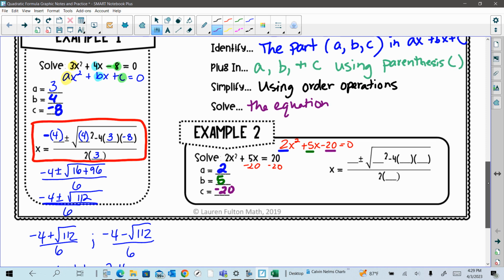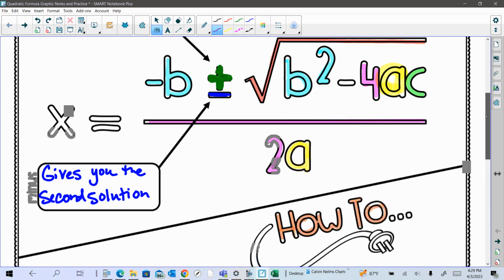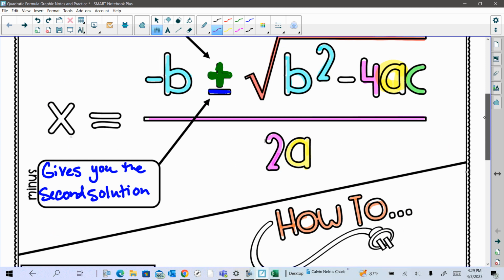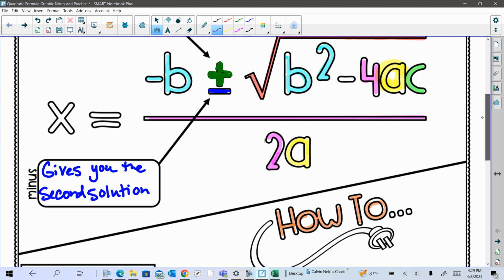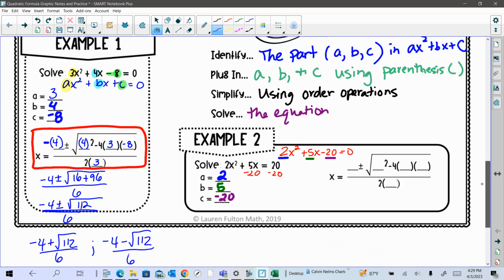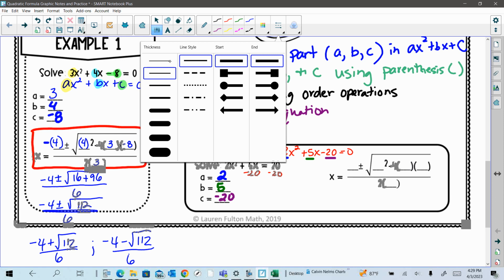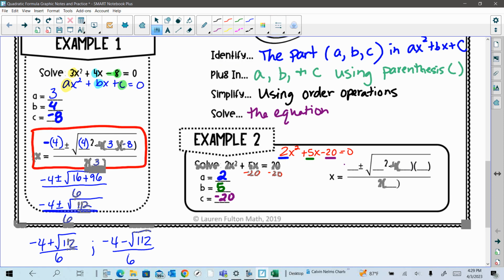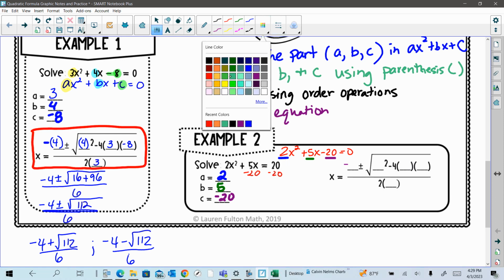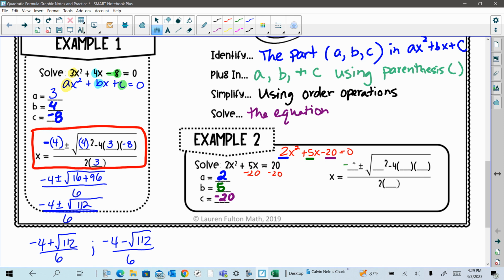The formula is negative b plus or minus the square root of b squared minus 4ac, over 2a. So I start off with the b, and I need to fix my font, sorry. And we're going to have negative b, which is negative parentheses 5. Okay, use parentheses, show substitution.